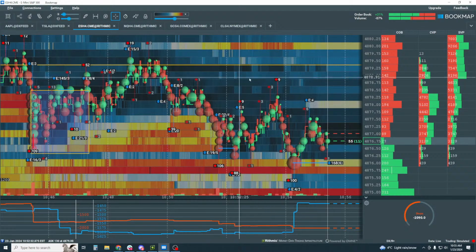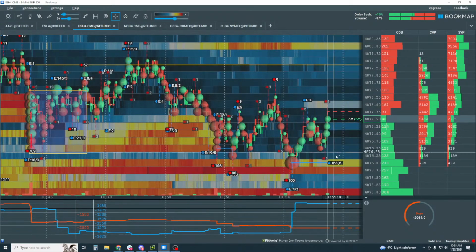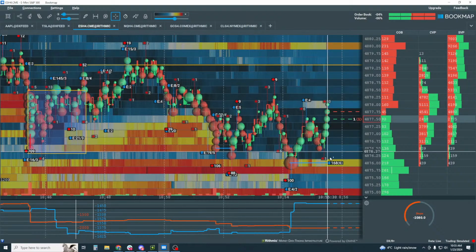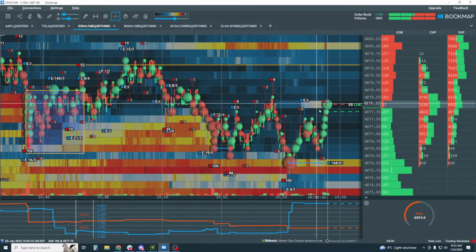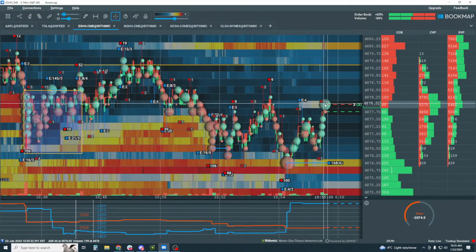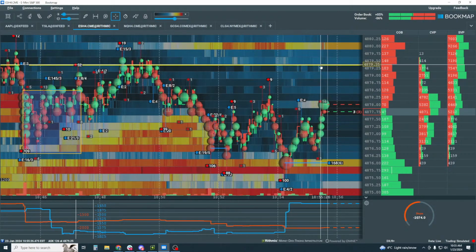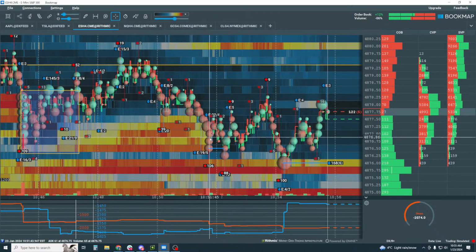A lot of times you'll see these big pockets of buying up in here. We go lower, and then finally we see no selling. We see selling down here, then we get no selling, and then we get another big pocket of buying, and that's when we can break it and trade on up into these areas up here, 79 and 80.